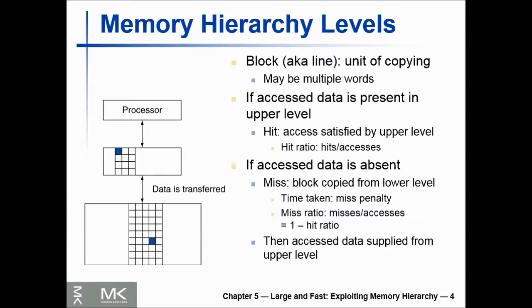On the other hand, miss rate is equal to 1 minus hit rate. Miss penalty is the time to replace a block in the upper level plus the time to deliver the block to the processor. Hit time is normally less than miss penalty. When a word is not found in the cache, a miss occurs.